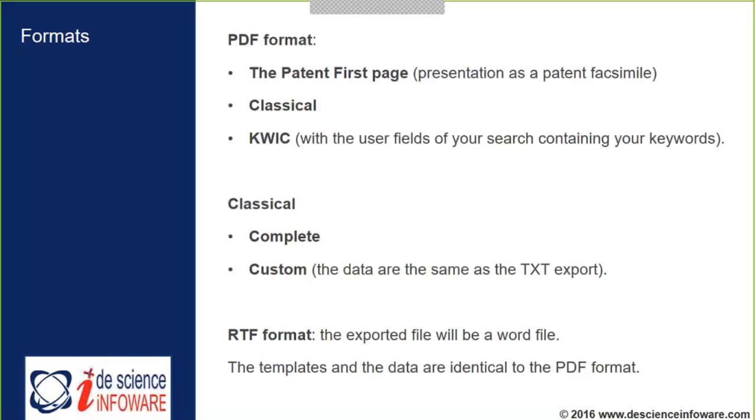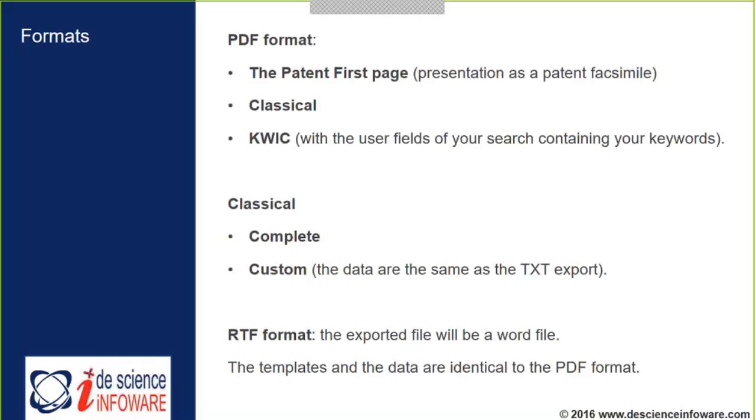KWIC format is a highlighted format, so you will get your keywords highlighted. KWIC is important for an entire patent family. Let's say a particular patent family was published in 5 jurisdictions, wherever your keywords are present in all 5 jurisdictions will be displayed and made available to you on a single page itself.